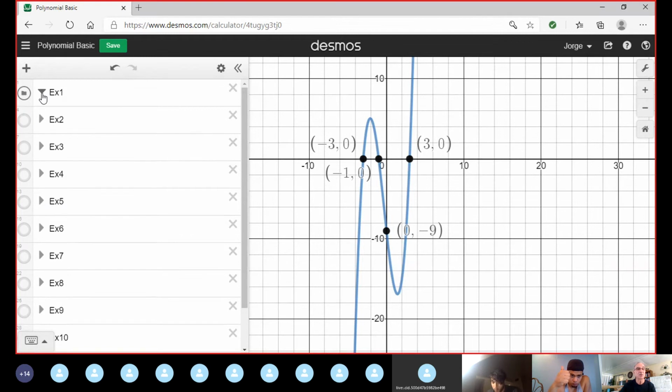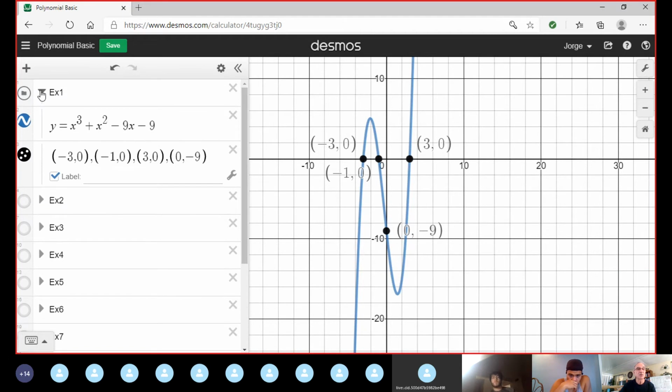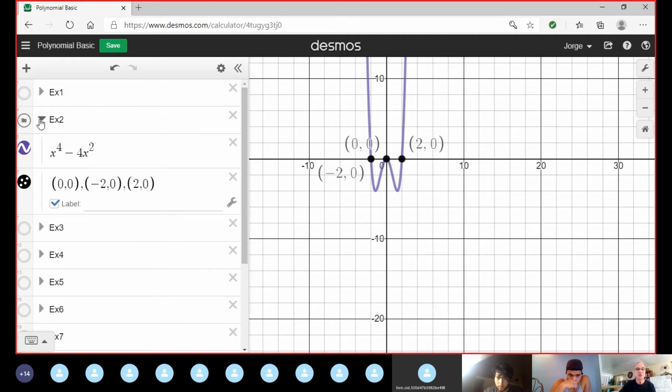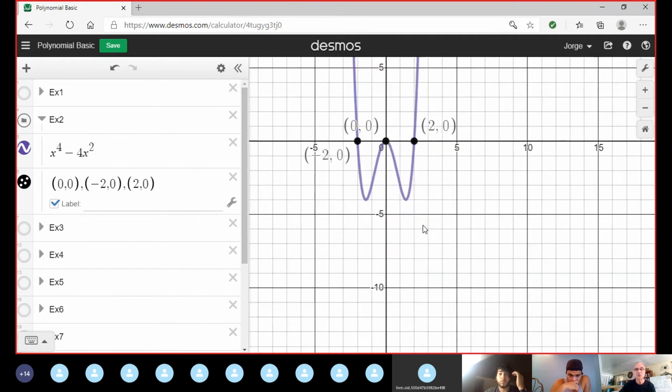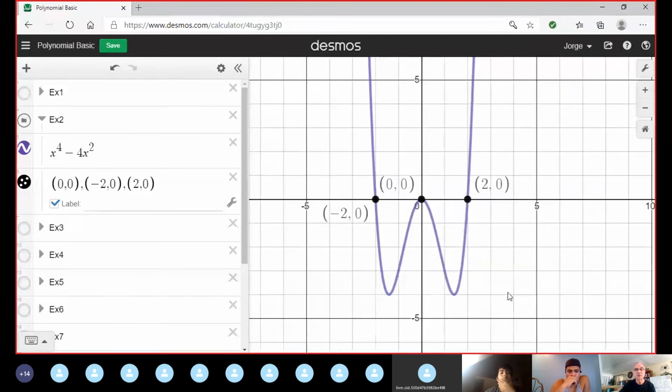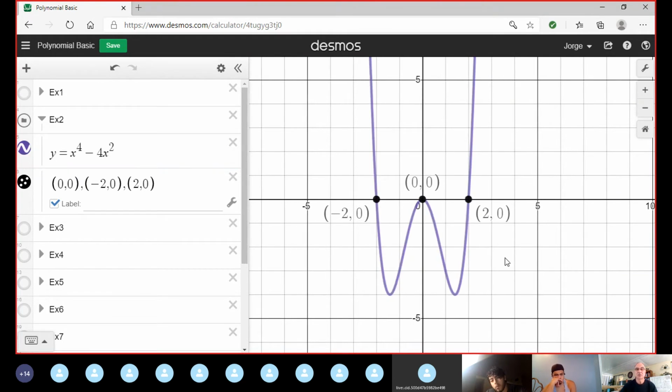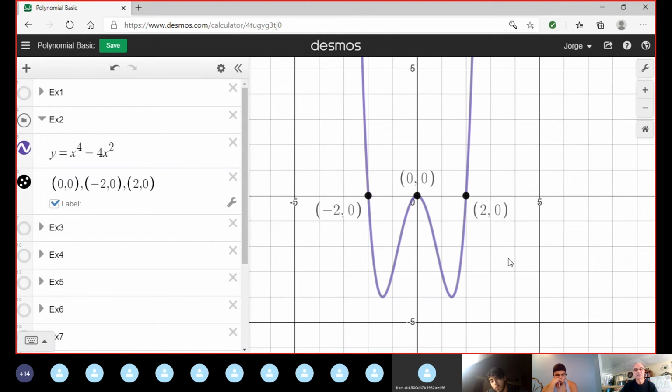Let me see example 2. Look at that, example 2. You make a zoom to see more clear. This is the polynomial. If you want, you put y here, or y equal. I like to put y. And this is the graph. Any question? What part you don't understand?